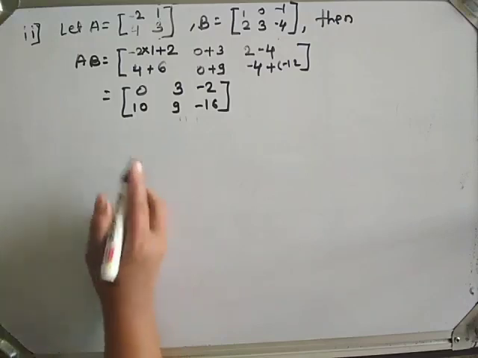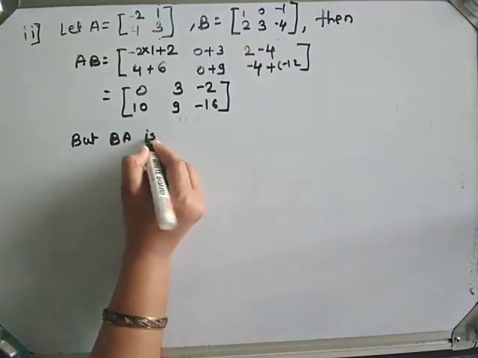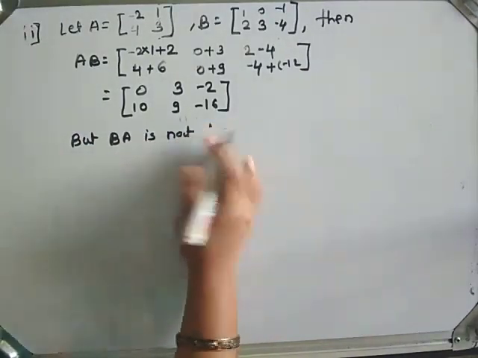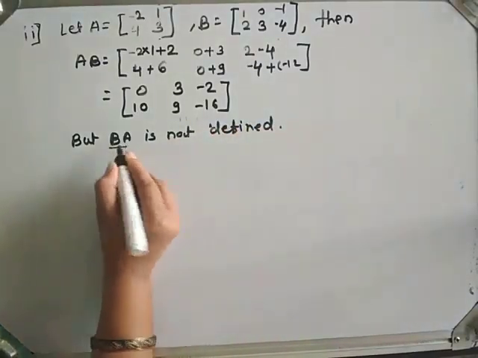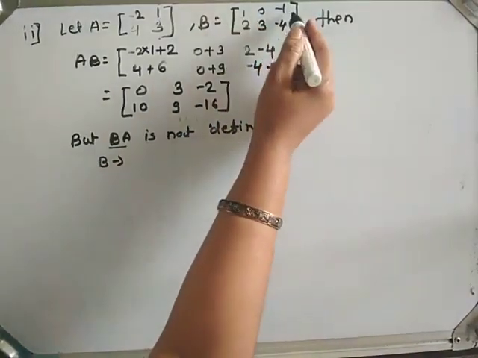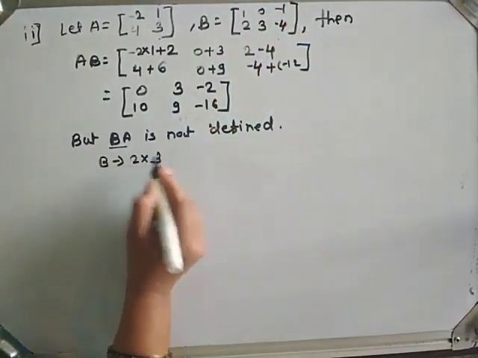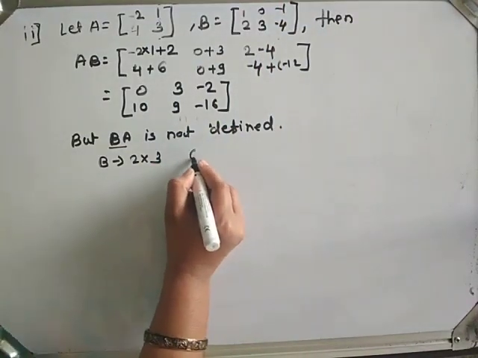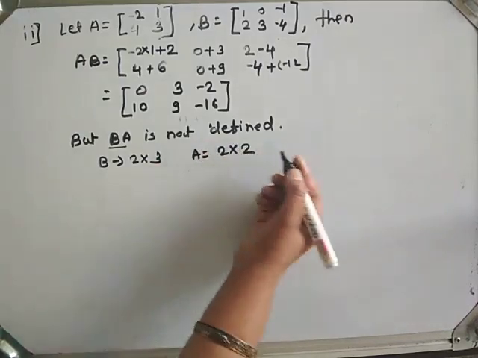See here, but product BA is not defined. Why is this? Because the size of matrix B is, number of rows is 2, number of columns is 3. The size of matrix B is 2 by 3 and the size of matrix A is 2 by 2.